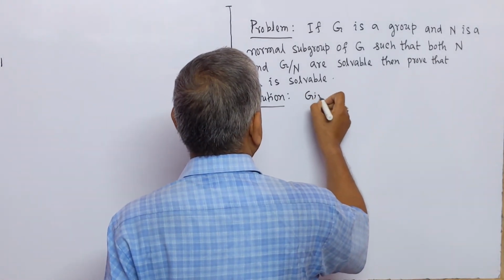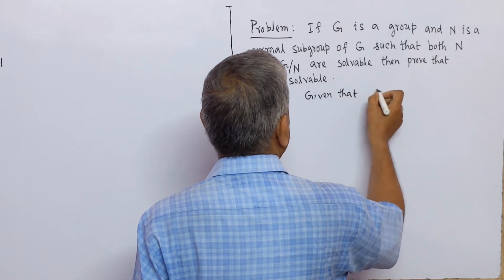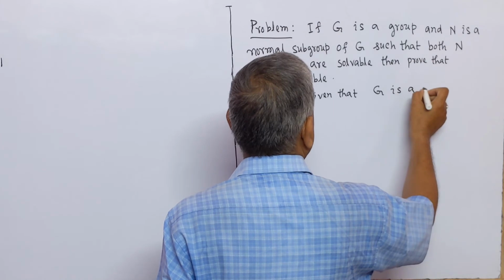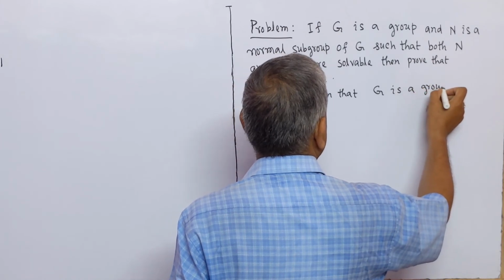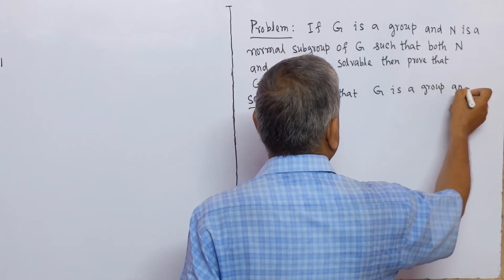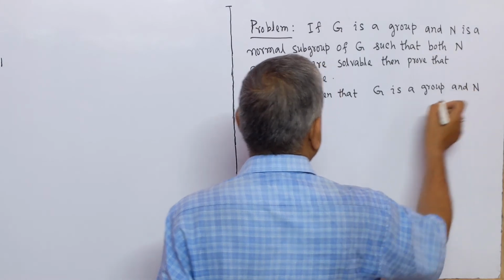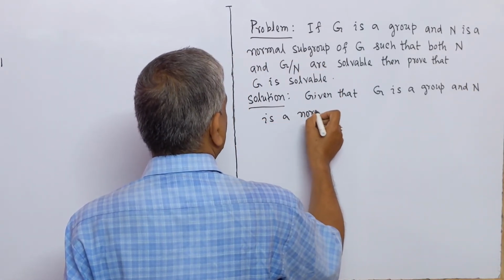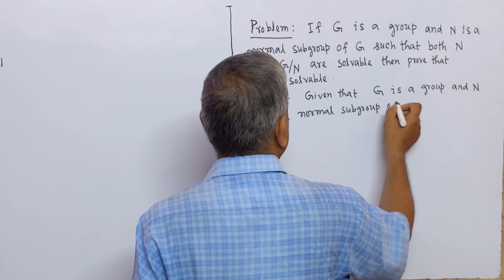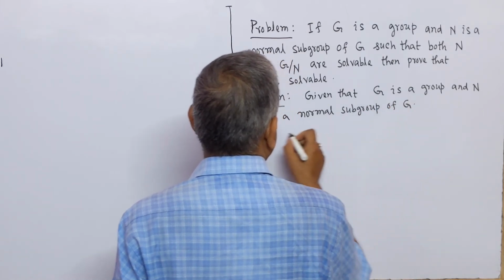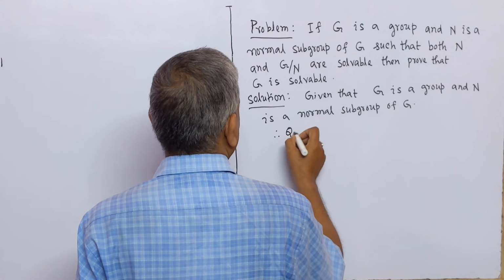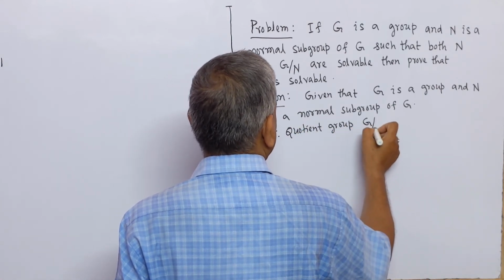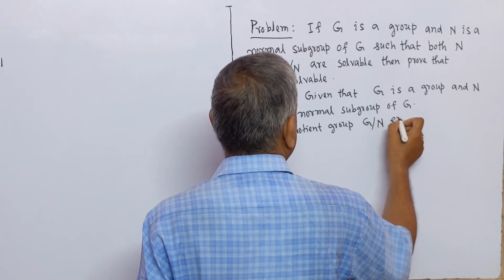Given that G is a group and N is a normal subgroup of G, therefore quotient group G by N exists.